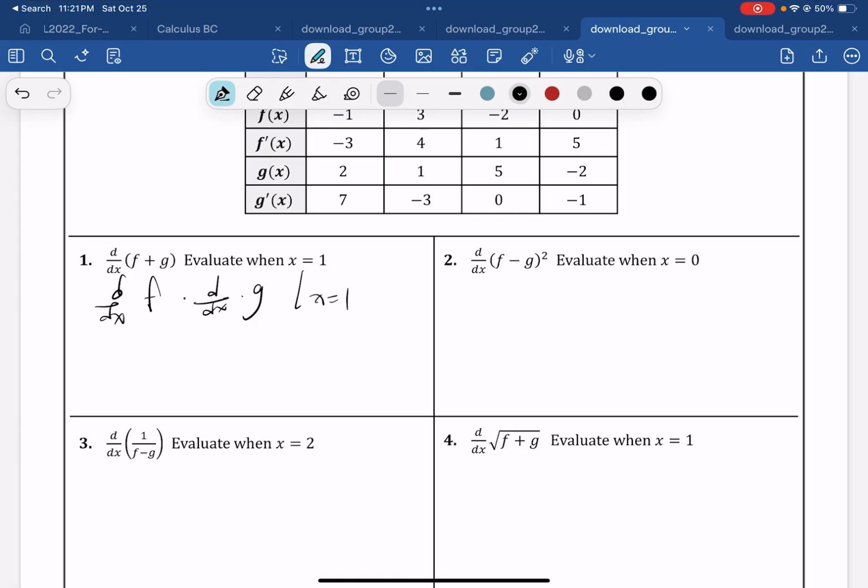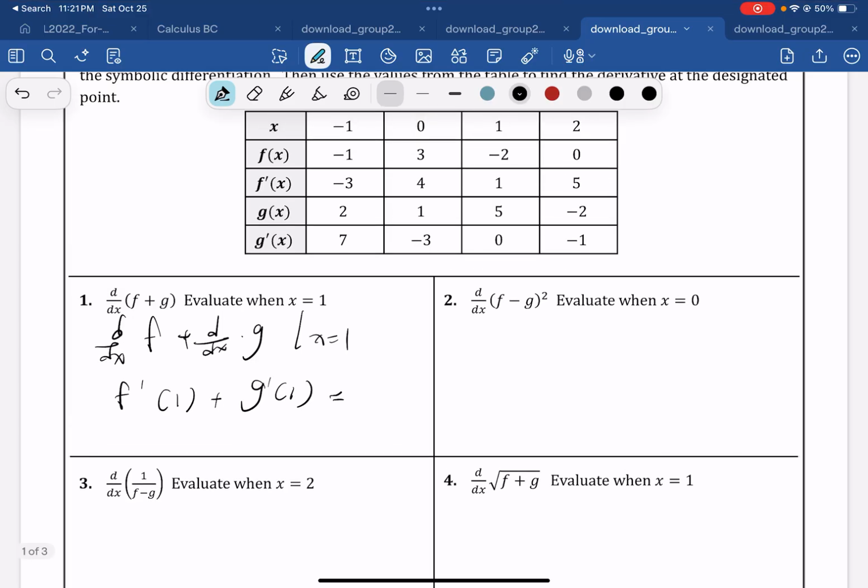So eventually it becomes f prime of 1 plus g prime of 1. f prime of 1 is -3 plus g prime of 1 is 2, it's -1.